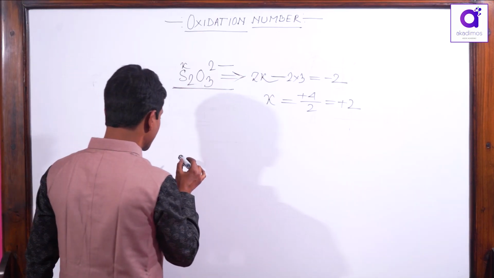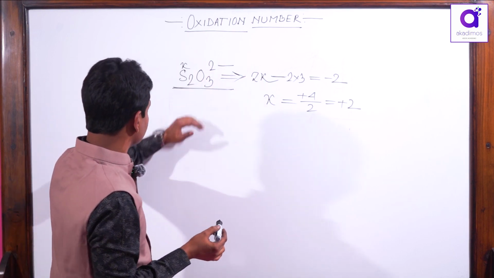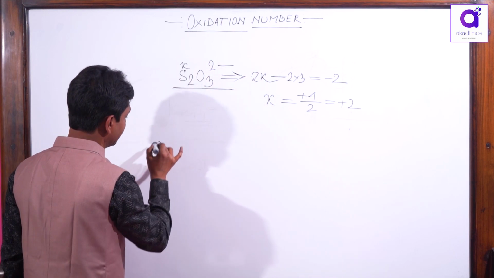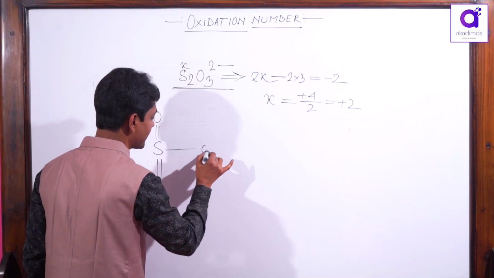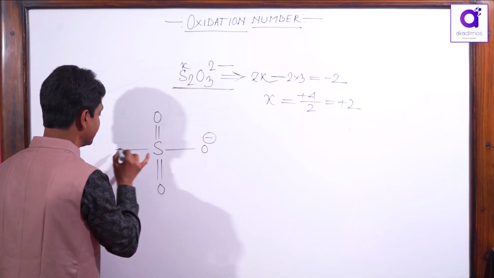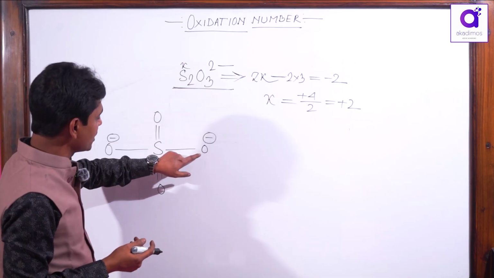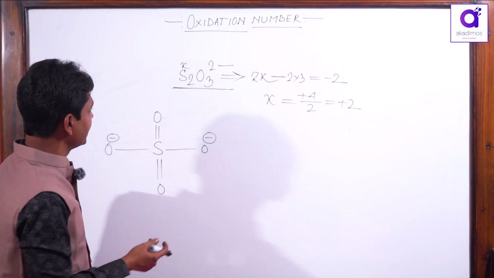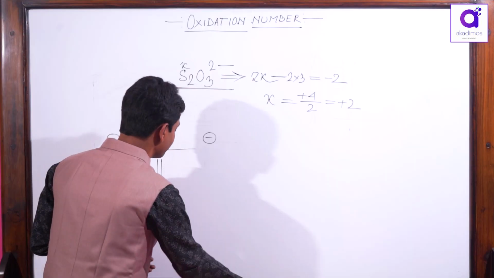If I draw the structure of thiosulfate, actually you can draw it from sulfate. You know the structure of sulfate. This is the sulfate radical structure. If you replace one oxygen by sulfur, then you will get the thiosulfate structure. You can replace this oxygen.